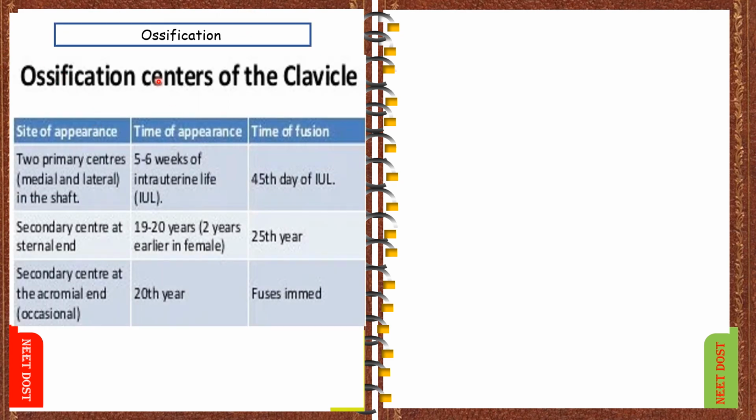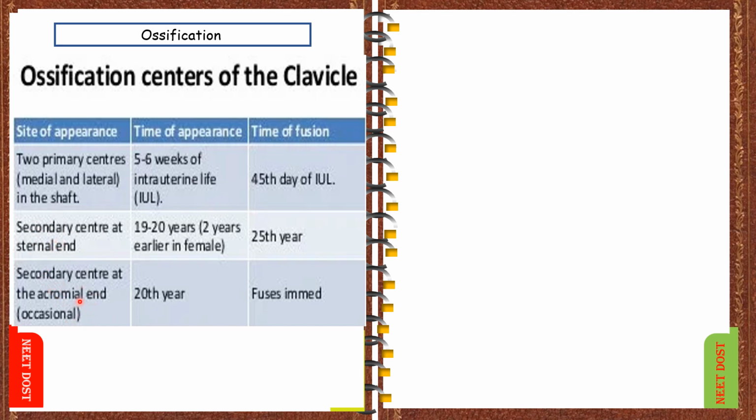Now, let us discuss the ossification of the clavicle. There are four ossification centers. Two are primary centers present in the shaft, one each for the medial and lateral parts, and two are secondary centers, one for the sternal end and another for the acromial end.